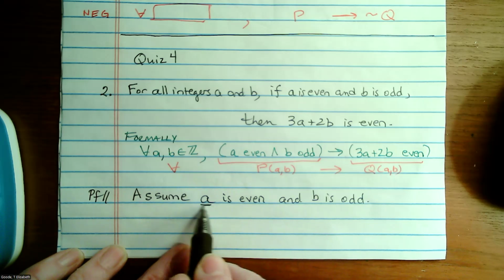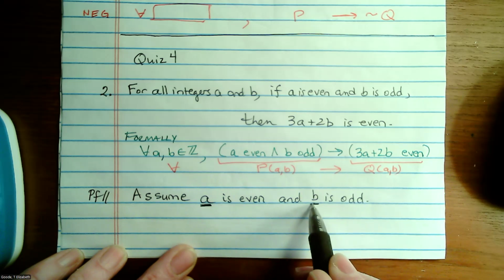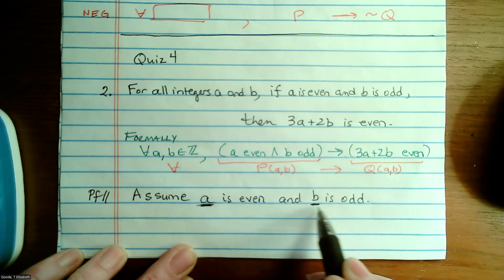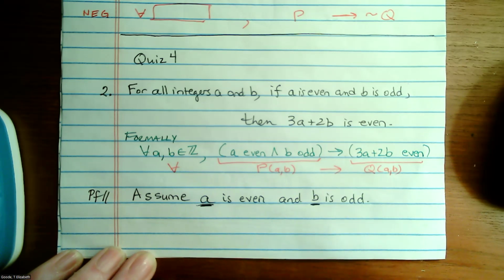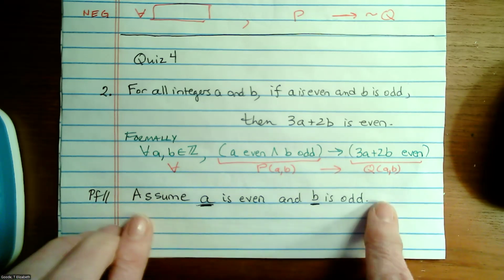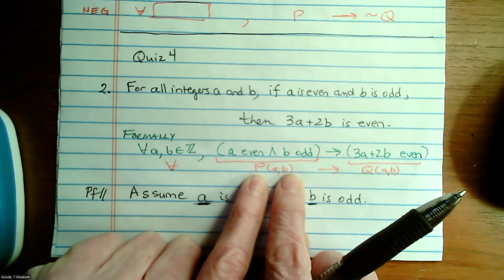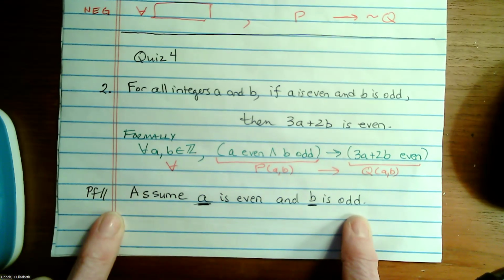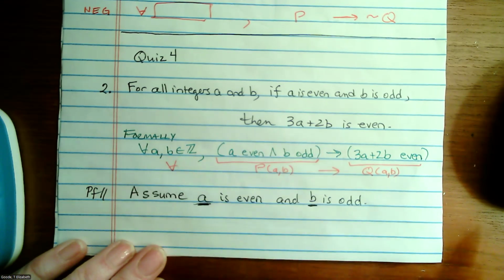But at this point, this is some single unknown even number A and some single but not known odd number B. And you can just assume P. That's what we have in our hand. And if we want to say they're integers, that's fine.